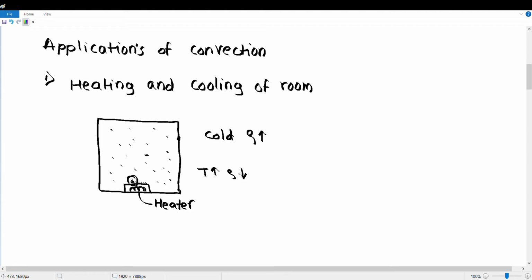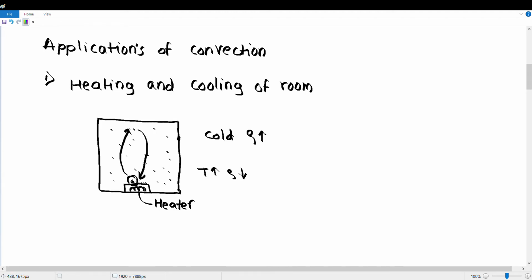This molecule, having lower density, moves in the upward direction, and its position is replaced by a denser molecule because it is cold, and this molecule moves toward the bottom.